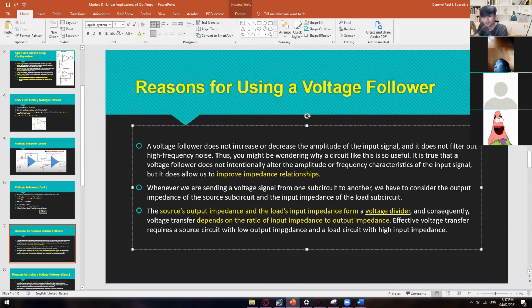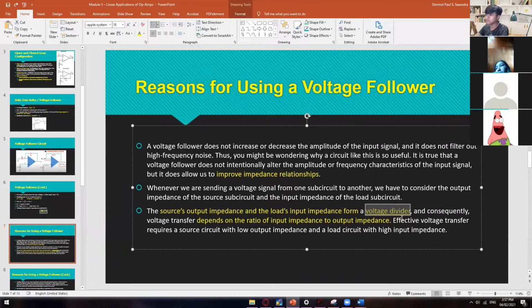Okay, so just by applying a voltage divider, we can control the voltage output that we want. So for example, we have 5 volts. We want to control it to make it 3 volts, or we want to control it to make it 4 volts. So we can do it just by applying a voltage divider.